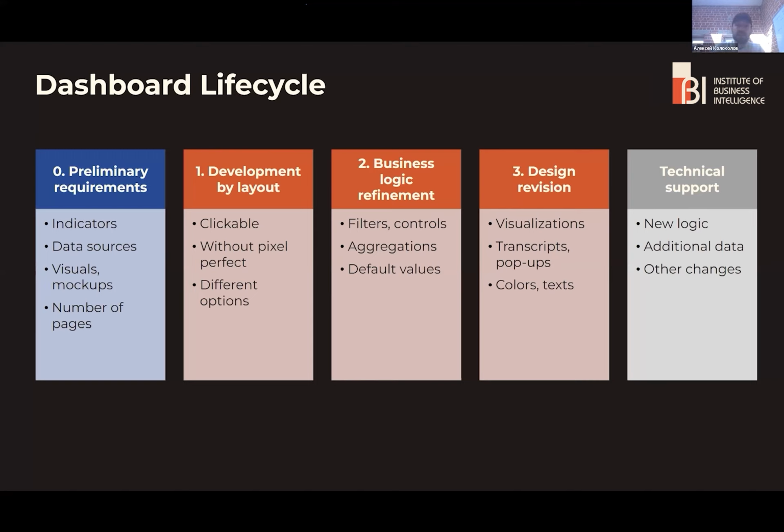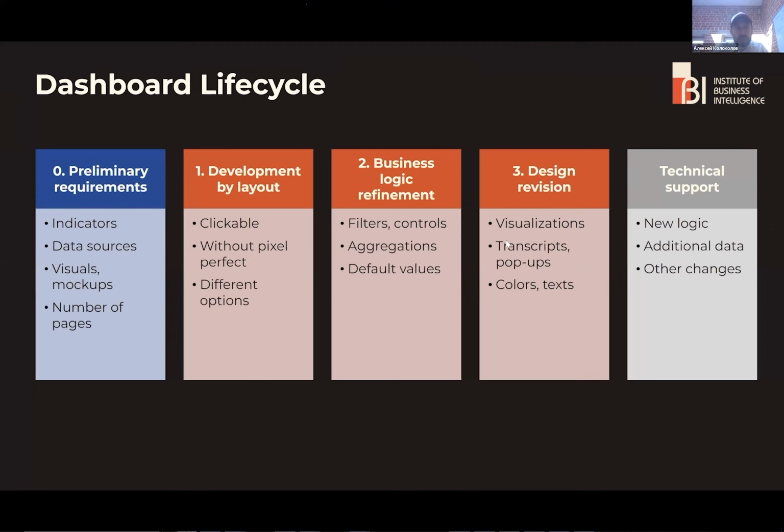In the second stage, we get business feedback and upgrade, and get final acceptance for controls, aggregations, default values. Finally, we polish our visuals. We work with text, colors, and other changes. Then we move to the technical support.